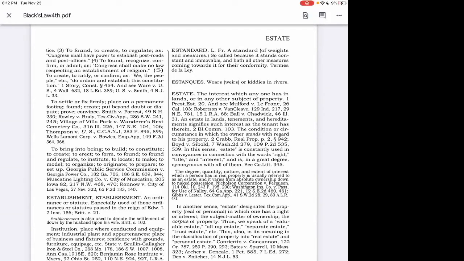So, for example, the title to your house or the title to your car should be in the aspect of an estate, because the estate is where all the assets lie. Estate is synonymous, for example, with state. That's where sovereignty lies, in the estate.